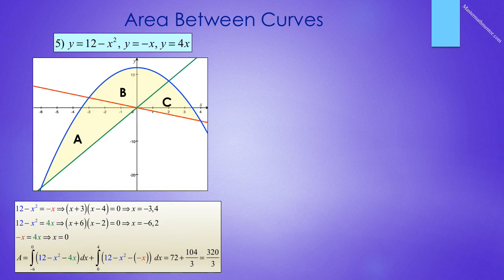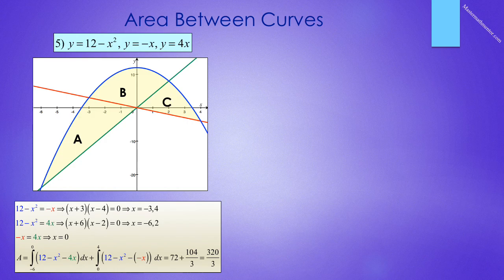And we get (x plus 3)(x minus 4) equals 0, getting x is equal to negative 3 and 4. We then set the blue curve equal to the green curve, 12 minus x squared equals 4x, and that gives us (x plus 6)(x minus 2) equals 0, and x is equal to negative 6 and 2. Finally, we set the green curve equal to the red curve, negative x is equal to 4x, and x is equal to 0.